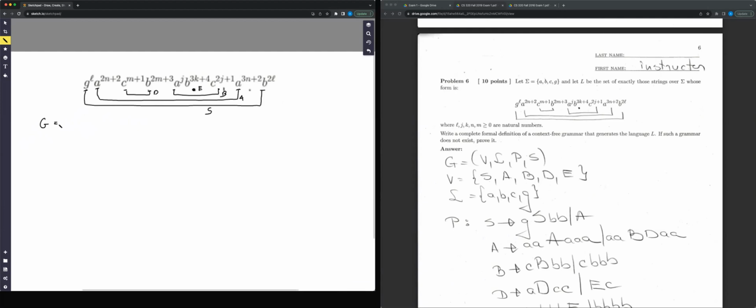So G is equal to V, sigma, P, S. V is S, A, B, D, E.